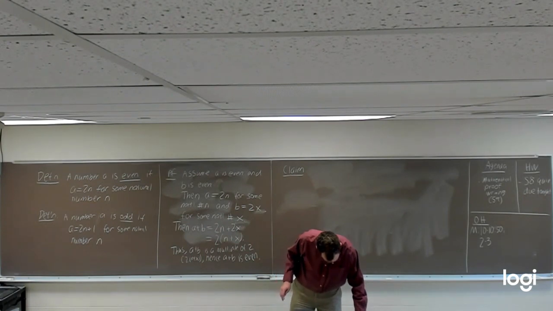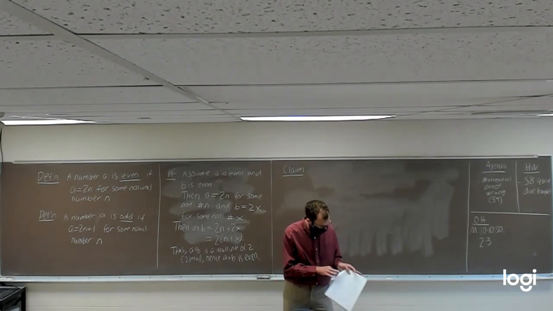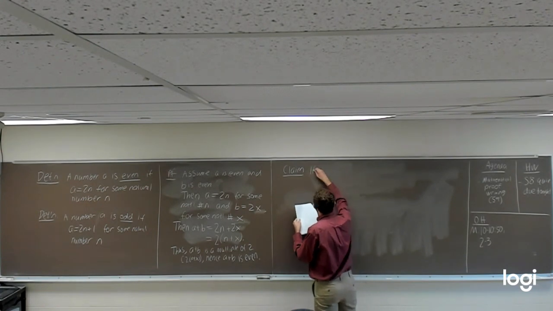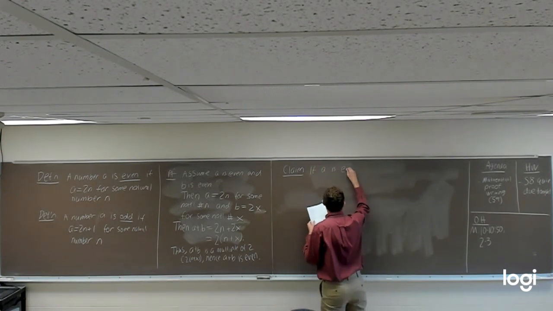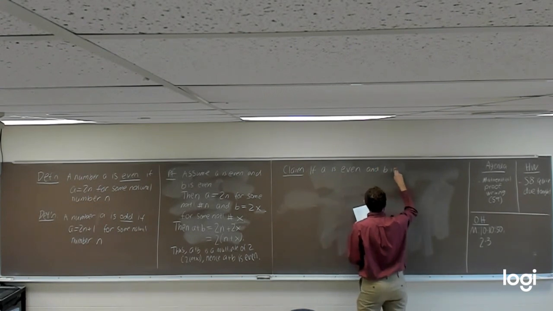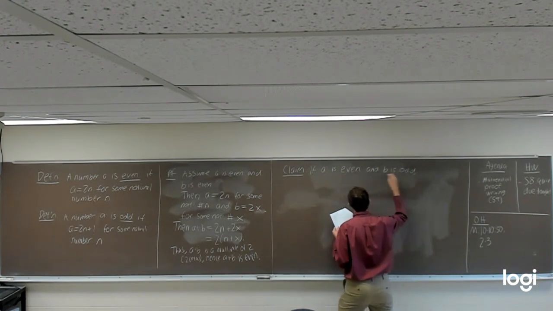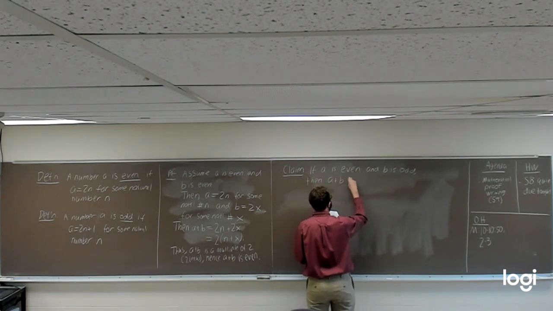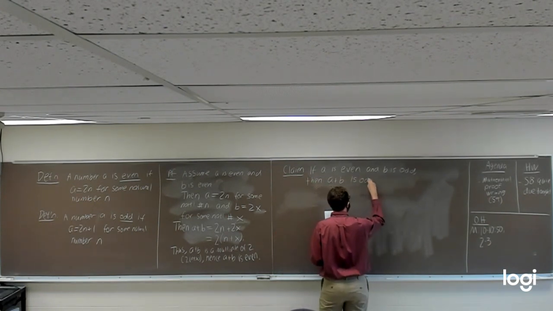What's my next claim? A is even, B is odd. So our next claim is going to be that if A is even and B is odd, then A plus B is odd.